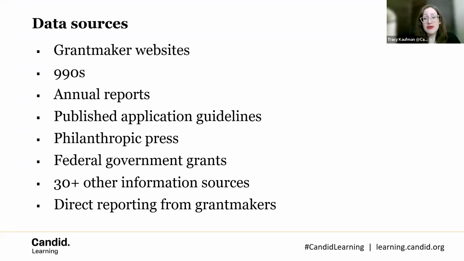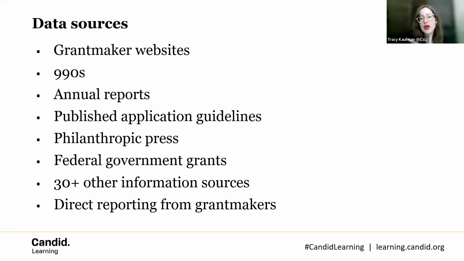We get our information from a lot of places. The 10% of funders who do have websites, we look at their websites and we take information from there. We also pull a lot of information from people's tax returns and from their annual reports. You can get a lot of good information from an annual report. We run our own news site at Candid called Philanthropy News Digest, and it feeds directly into the Foundation Directory.